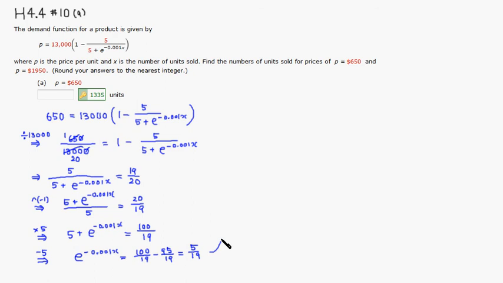I'm going to go up here since there's more room. What we have is e to the negative 0.001x. We want to isolate x, so why don't we take the natural log of both sides? We get the natural log of e to the negative 0.001x is equal to the natural log of 5 over 19.